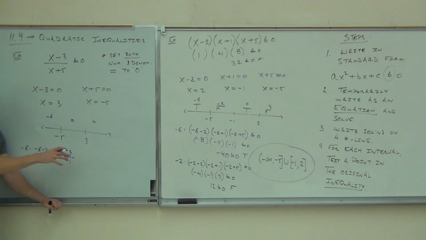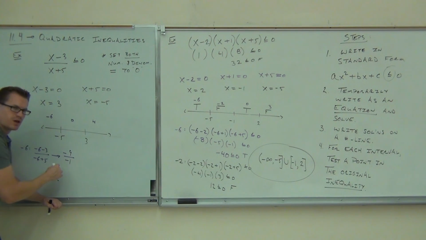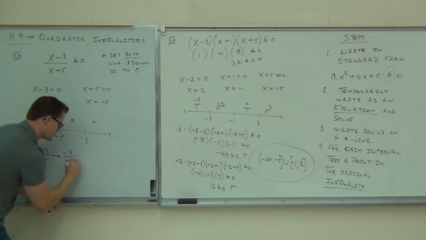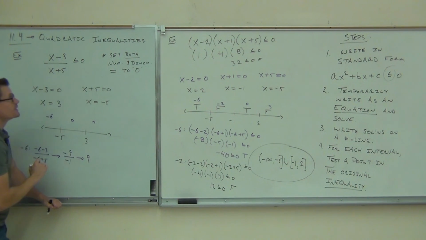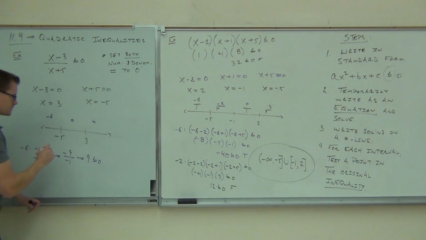Are you following me here, folks? How much is negative 9 over negative 1? 9. Positive. Wait, positive or negative? Positive 9. That's where you have to be careful. You have to follow your signs down. Make sure you know a negative over negative is a positive. That gives you 9. Is 9 less than or equal to 0? No, that's false.